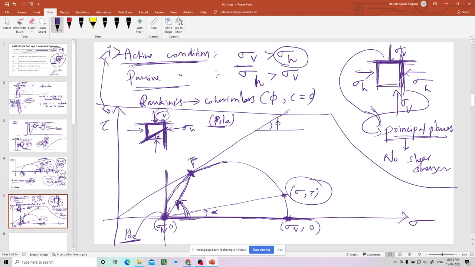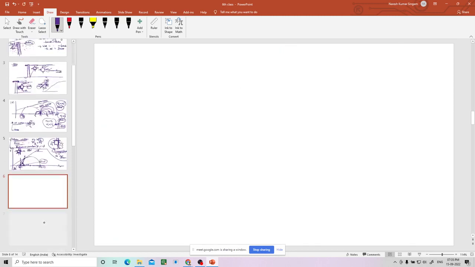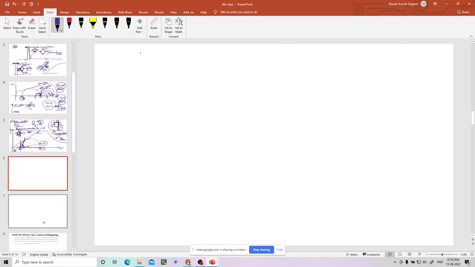Now please find out what is this angle. If you find this out, then we will write that angle for the active state. Suppose this is the center and this is the active state. We are talking about the active state because sigma h is less than sigma v. So in the active state, I'll just draw nicely.